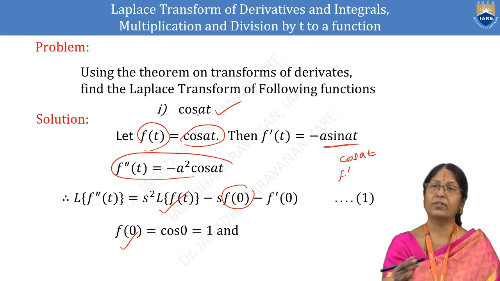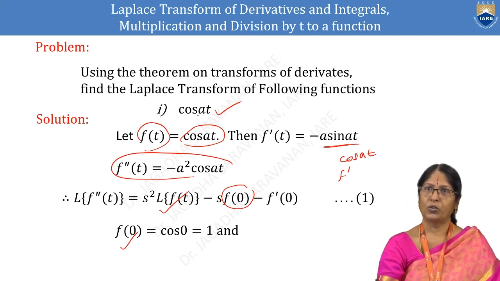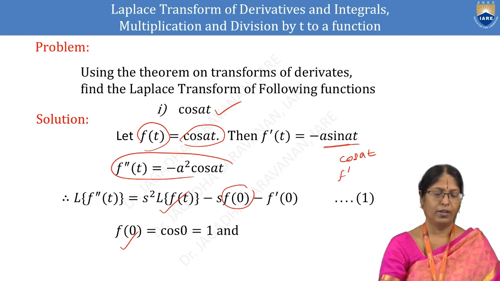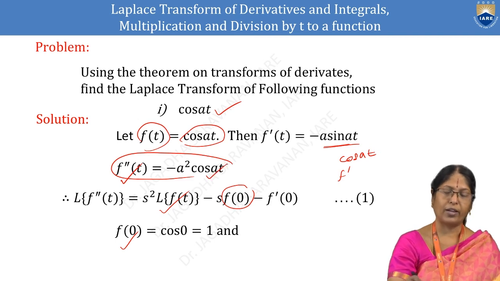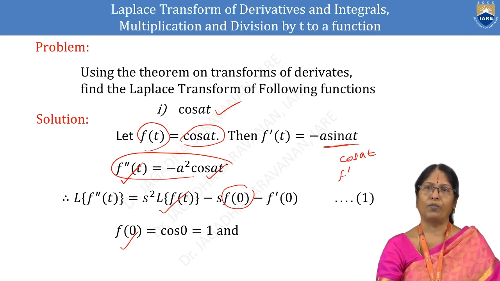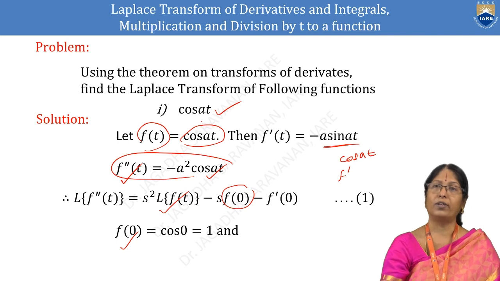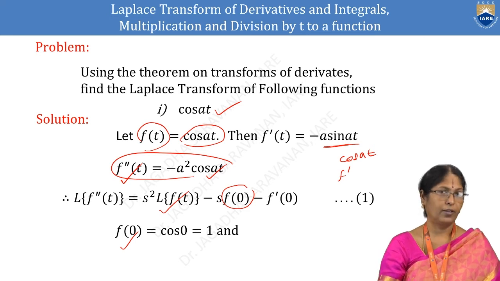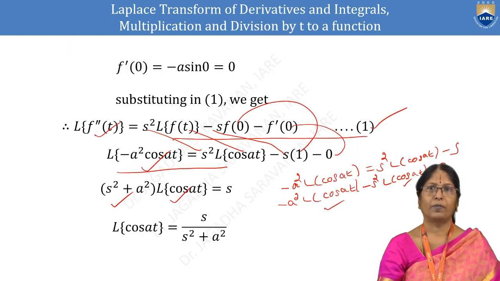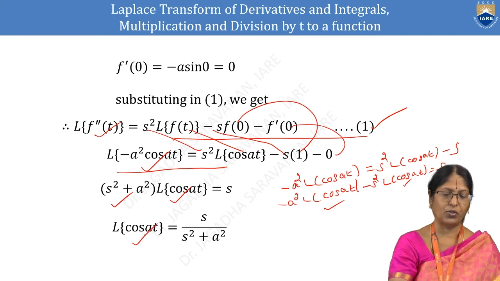But our question is cos. So we are not going to stop. One more time we move on. When we did the derivative the second time, we got it in terms of cos. Our question also matches with that trigonometry. This is a small technique we have to follow. So that is the reason we stopped.